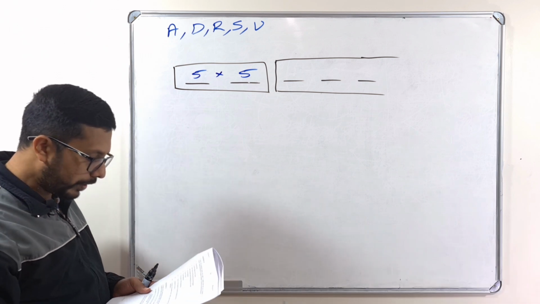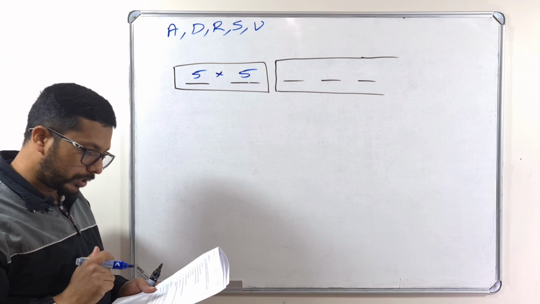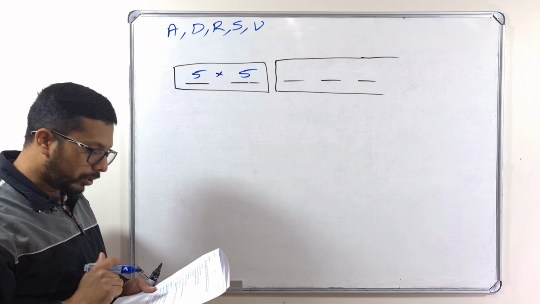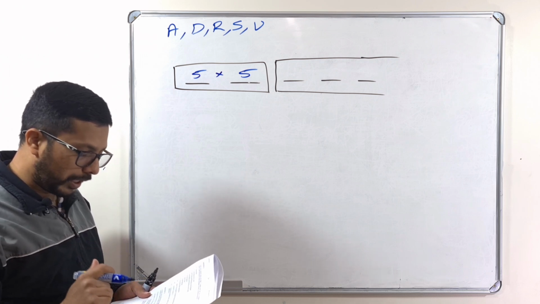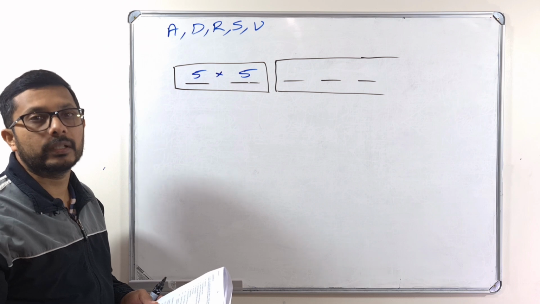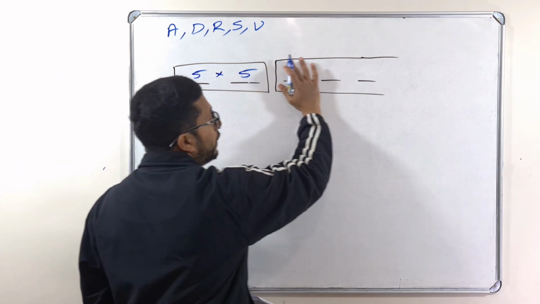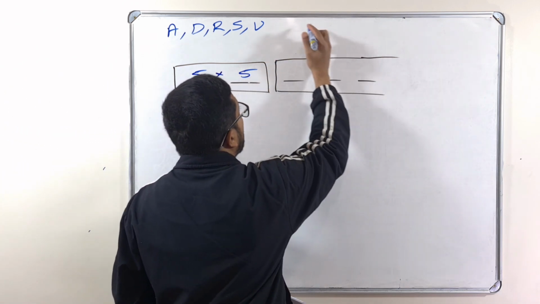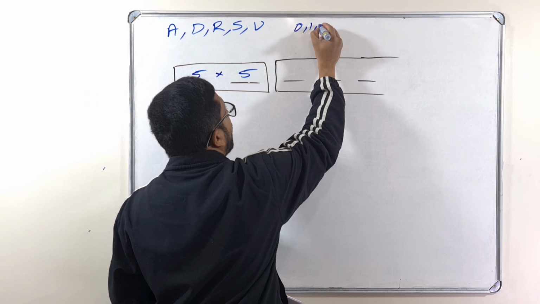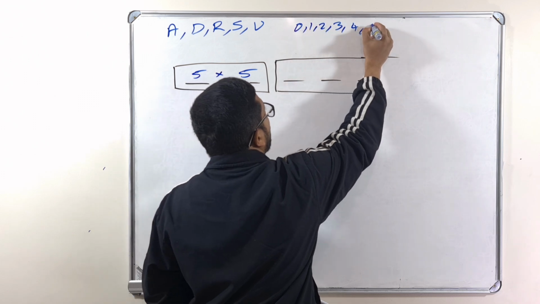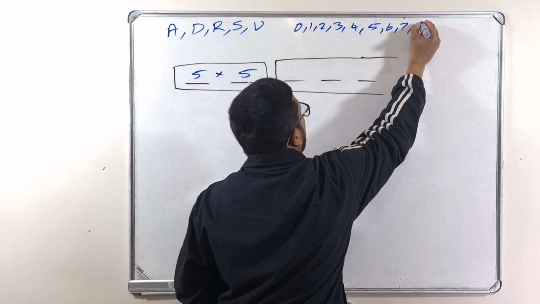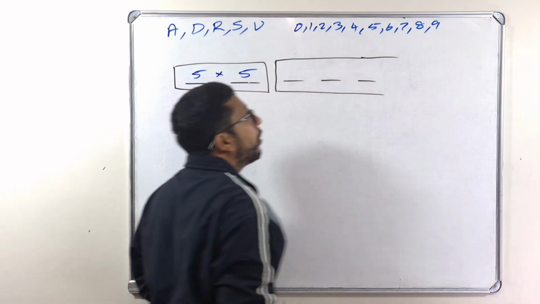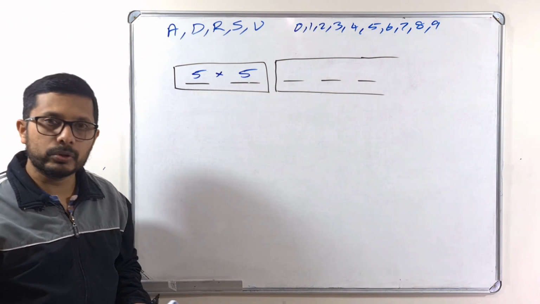Now the digits, look at the next sentence. The digits 0 to 9 are used, but no digit may be repeated. So for the digits, the numbers 0, 1, 2, 3, 4, 5, 6, 7, 8, 9, all of these digits you are allowed to use.